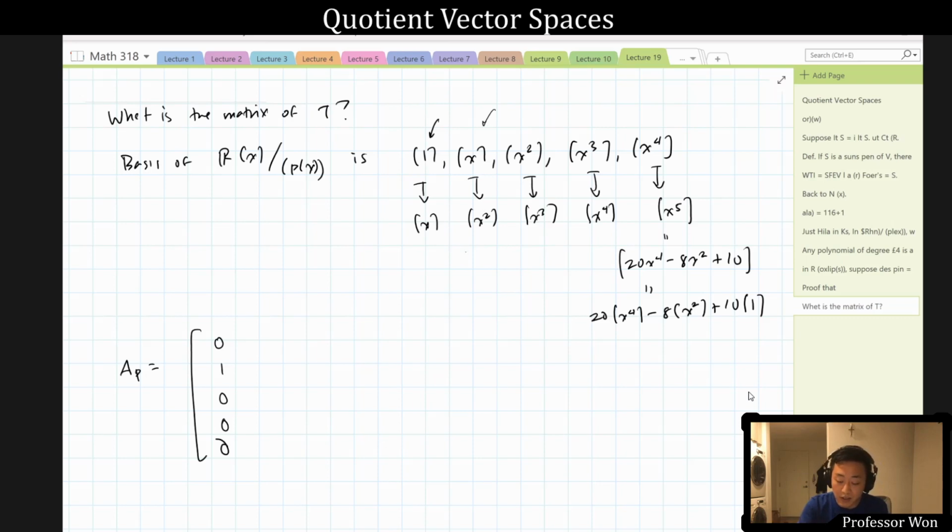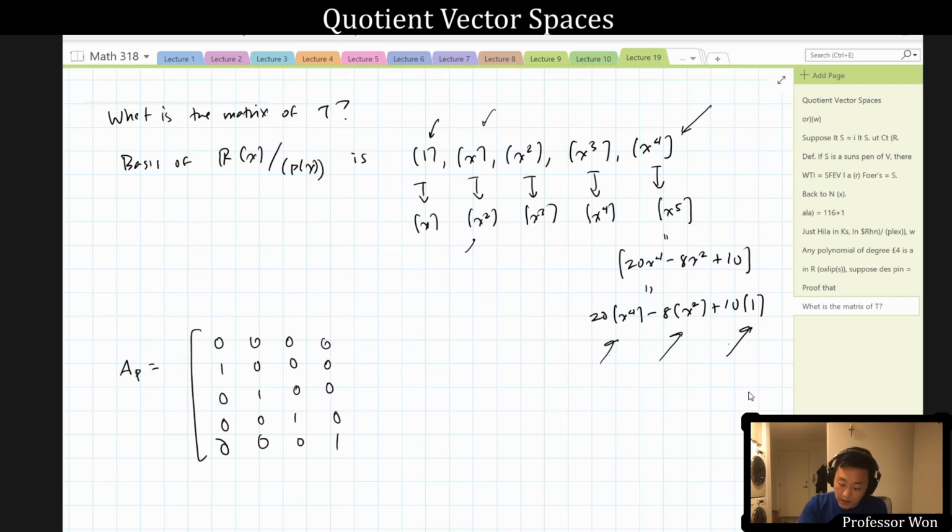The second basis vector goes to the third basis vector. So it goes here. The third basis vector goes to the fourth basis vector. The fourth basis vector goes to the fifth basis vector. What happens to the fifth basis vector? It goes to 10 times the first minus 8 times the third plus 20 times the fifth.